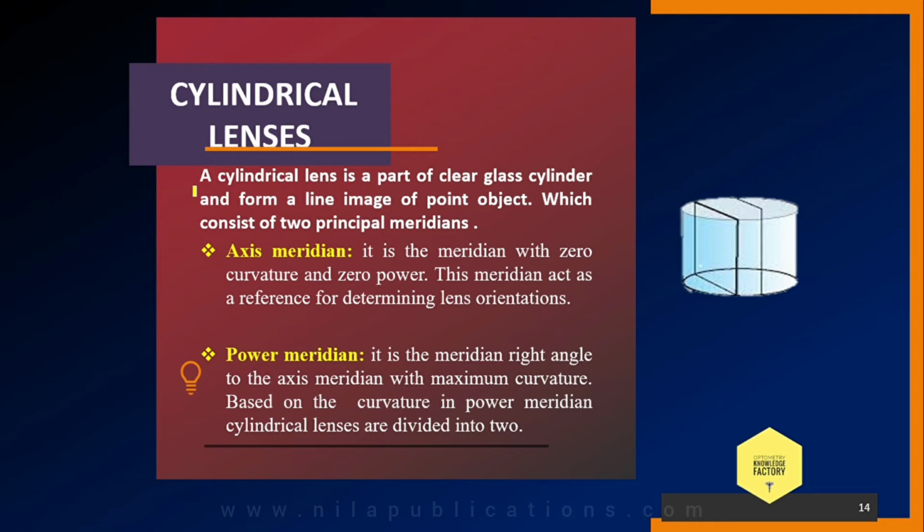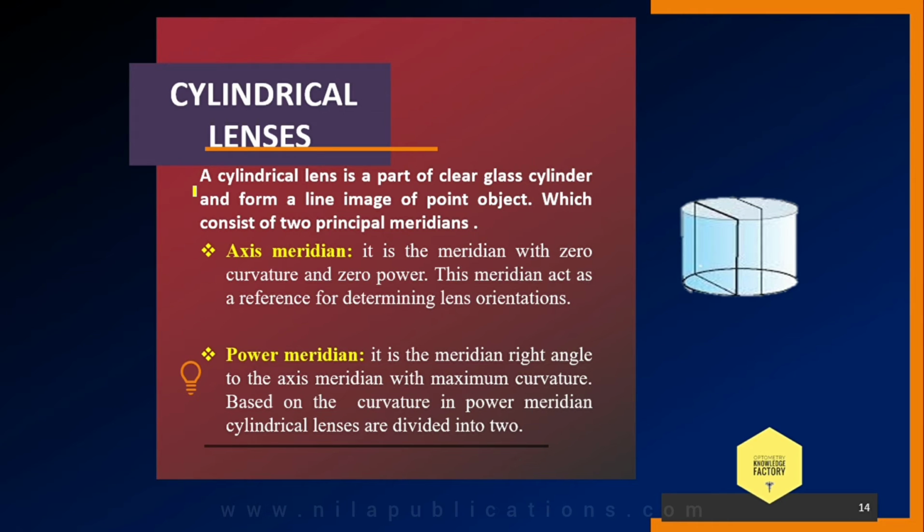Cylindrical lenses. A cylindrical lens is a part of a clear glass cylinder and forms a line image of a point object. It consists of two principal meridians, the axis meridian and the power meridian. Axis meridian: it is the meridian with zero curvature and zero power. This meridian acts as a reference for determining lens orientation.